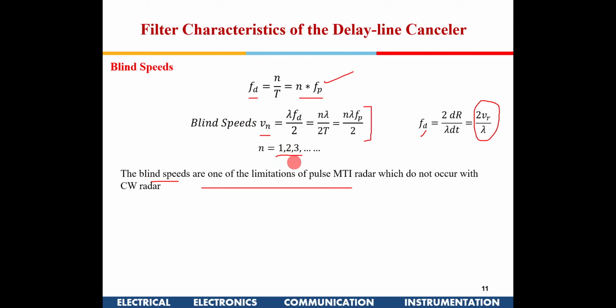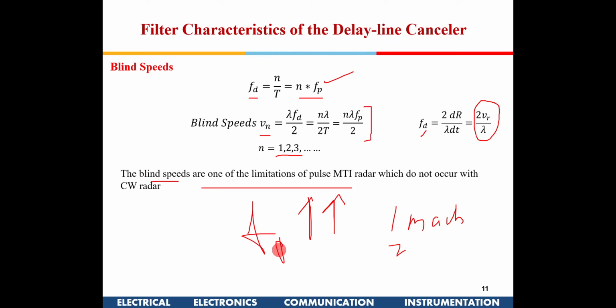Another very important thing from this equation is that it is desirable to have a very high pulse repetition frequency. If you have a very large pulse repetition frequency, say I am missing out on 1 Mach speed or 2 Mach, 3 Mach, like that, right?